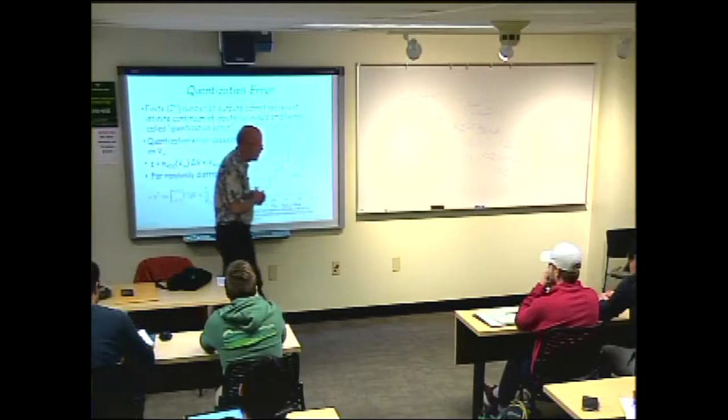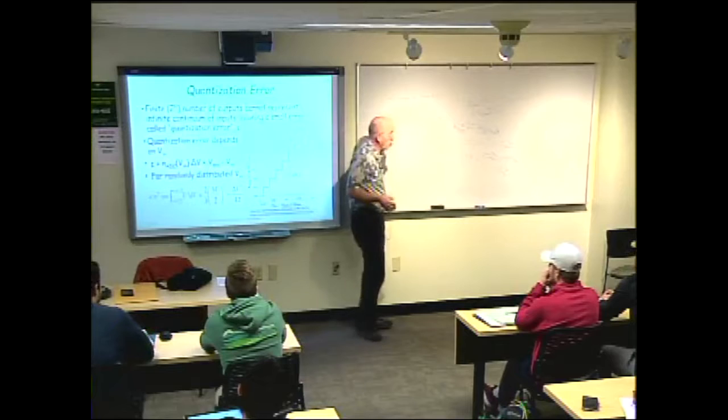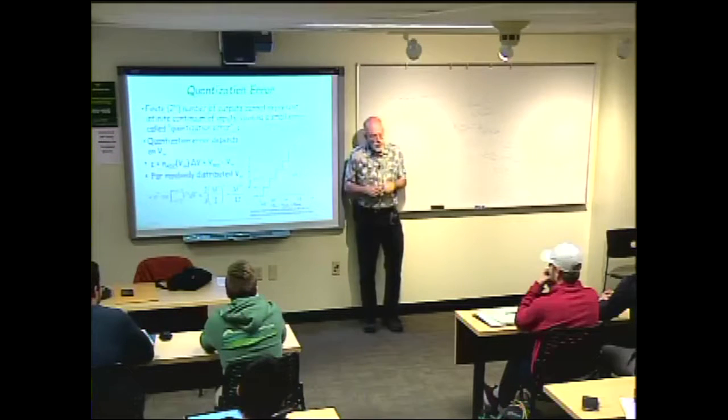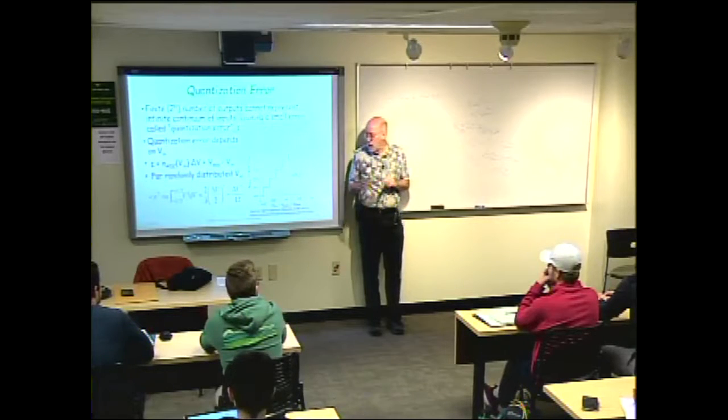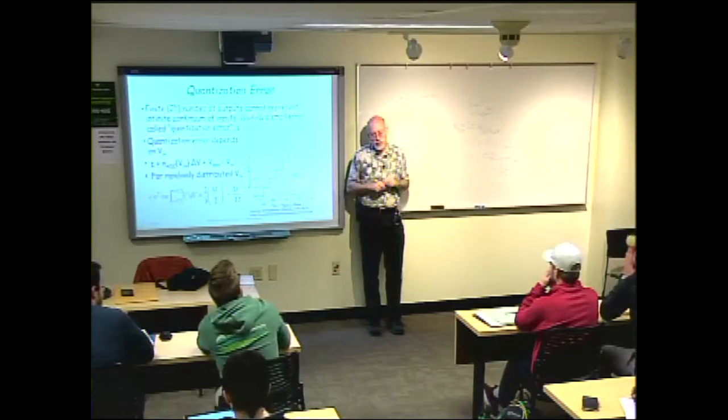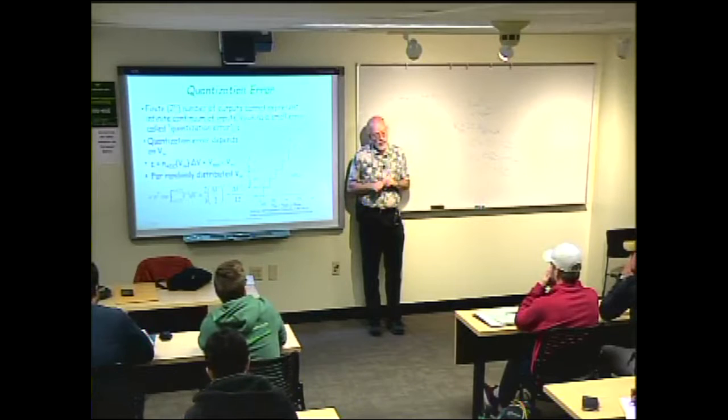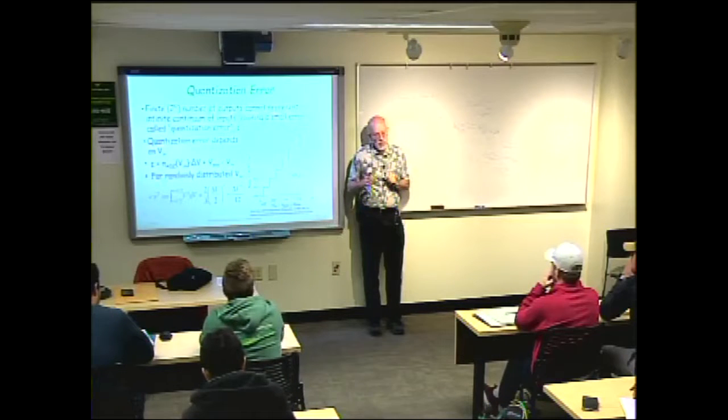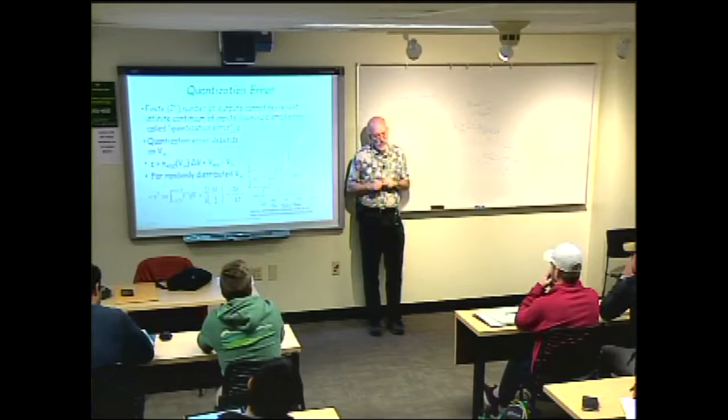So for example, let's say that I move from an 8-bit analog to digital converter to a 10-bit analog to digital converter. How much does the mean square quantization error or quantization noise go down? Went from an 8-bit to a 10-bit. So what happened to delta V in that case?